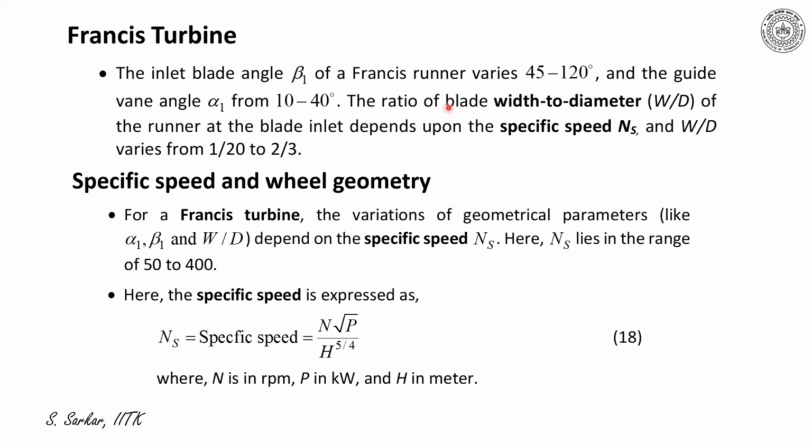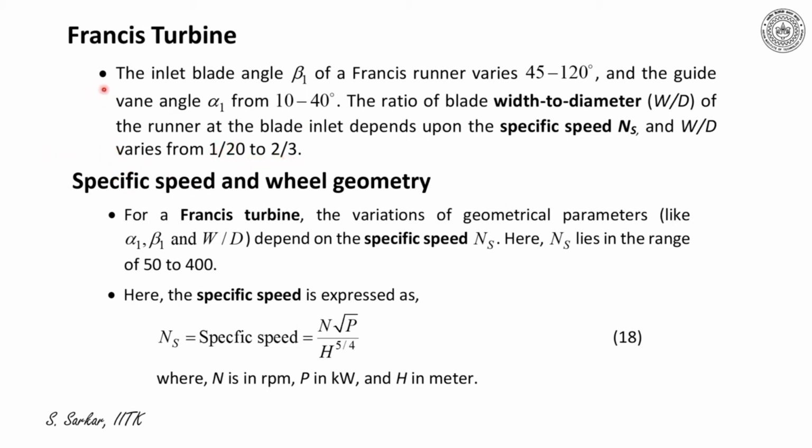The ratio of blade width to diameter, W by D, of a runner of a Francis turbine at the inlet depends on the specific speed Ns, and W by D varies in the range of 1 by 20 to 2 by 3.